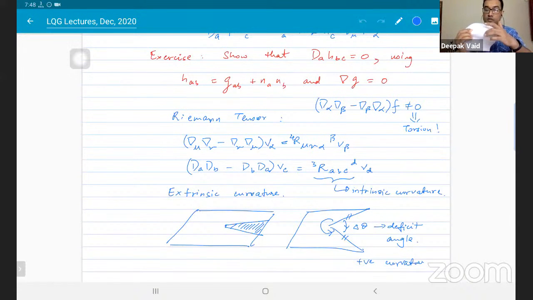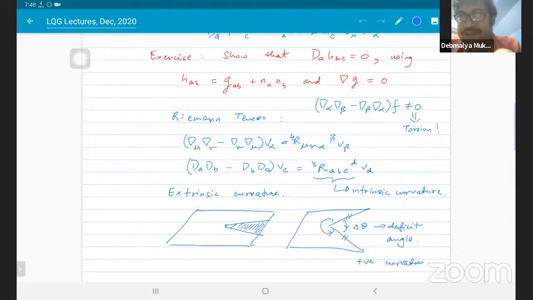If I take a vector now and parallel transport it along a closed loop around this point, when it comes back, I will see that it disagrees with itself by an angle. That angle depends on the deficit angle, which will be precisely equal to whatever angle I took out.